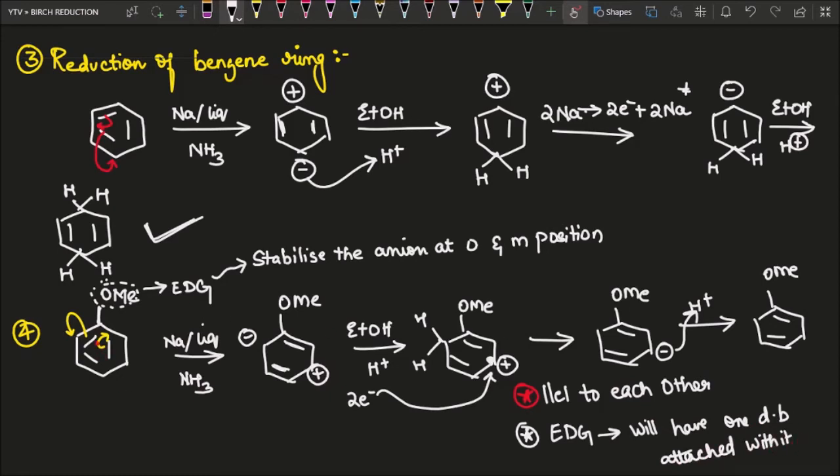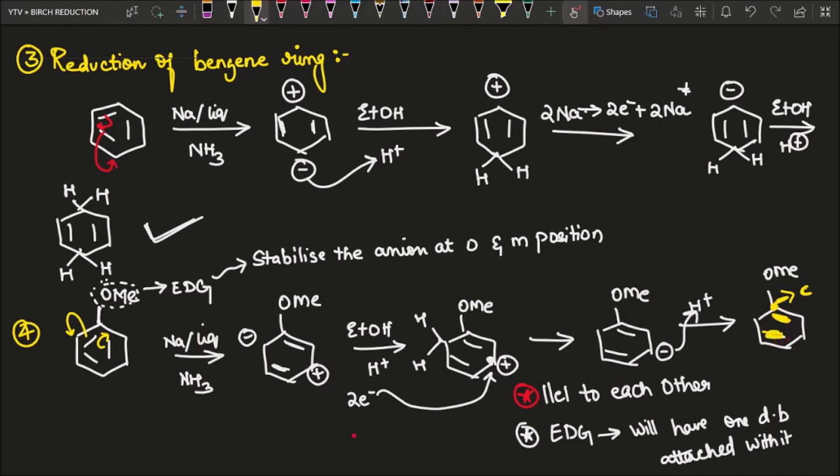Now we are left with only 2 double bonds. Out of the 2 double bonds, the carbon which contains the electron donating group, here this carbon, will always have one double bond attached with it, either on this side or on that side, and the other double bond is going to be parallel to it. So this is the concept.